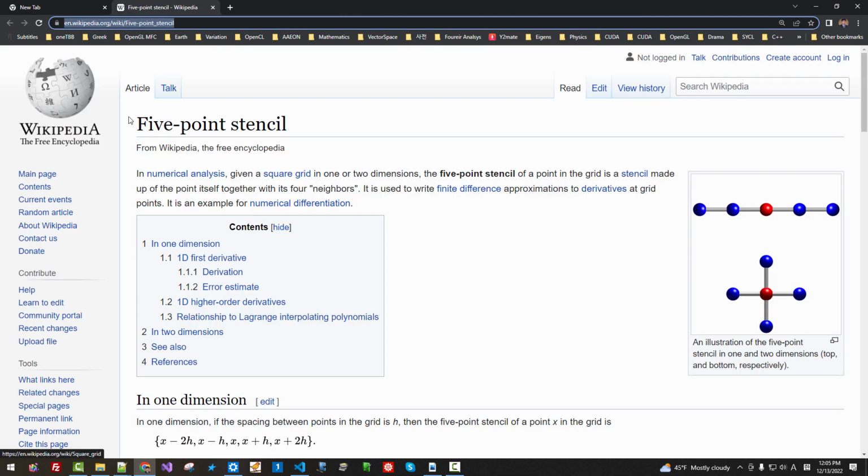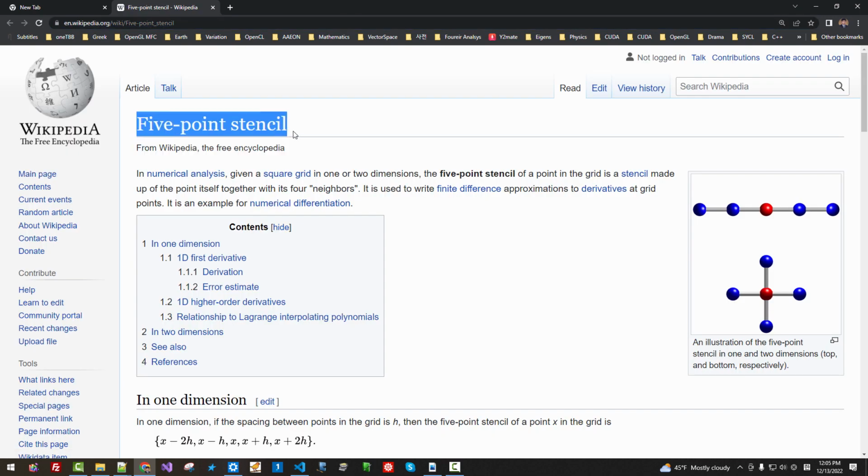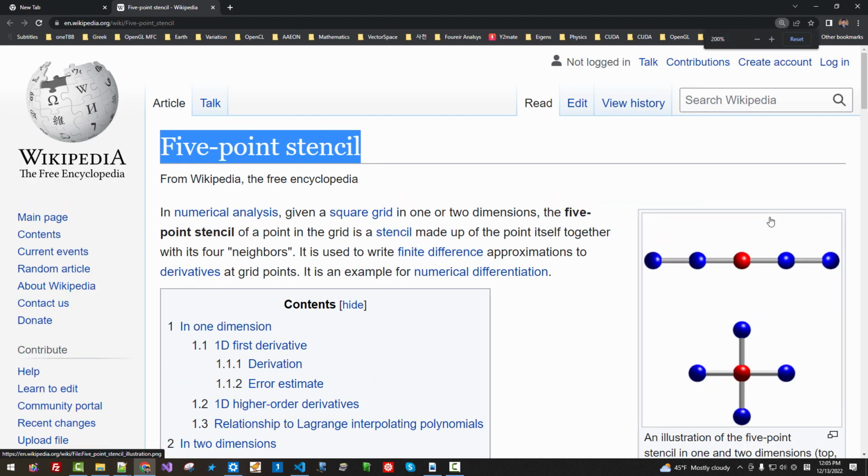Control click in the 5-point stencil algorithm. This point represents the value of x. To my eyes, it looks red color. This blue represents other points with respect to x. This distance is h.